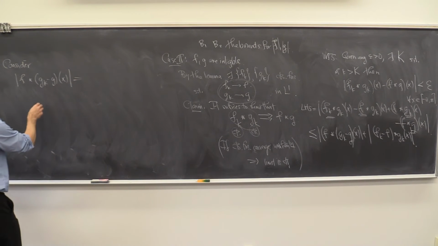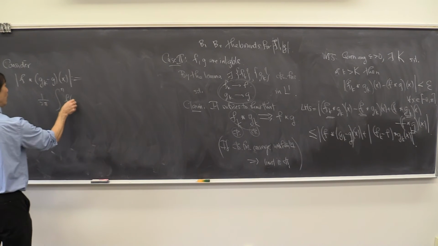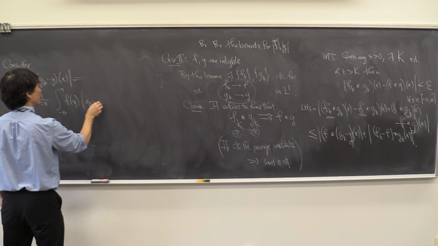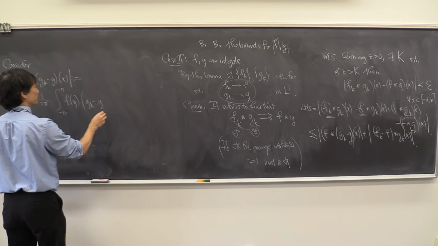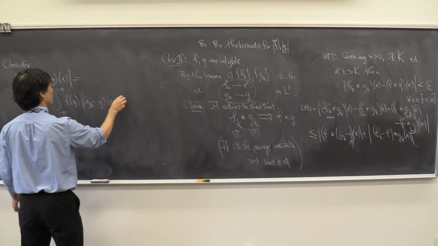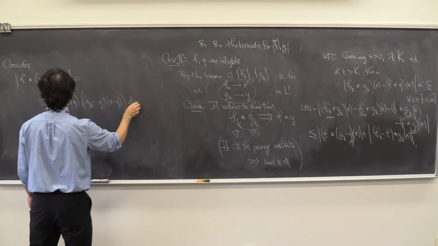So that's going to be, by definition, 1 over 2 pi, the integral from negative pi to pi, f of y, gk minus g, evaluated at x minus y, dy.